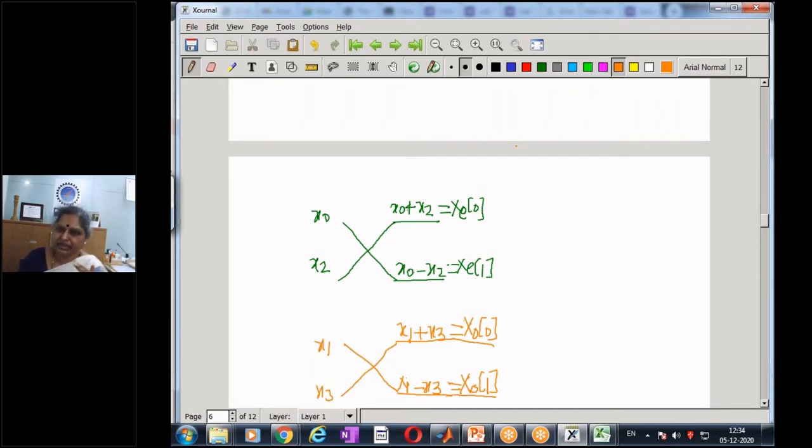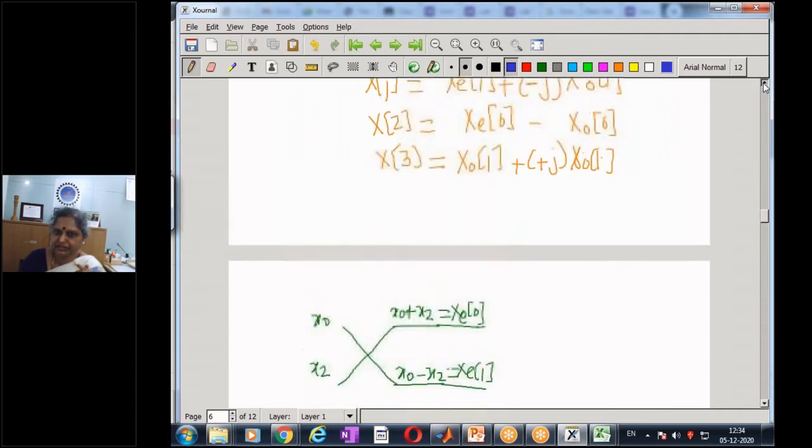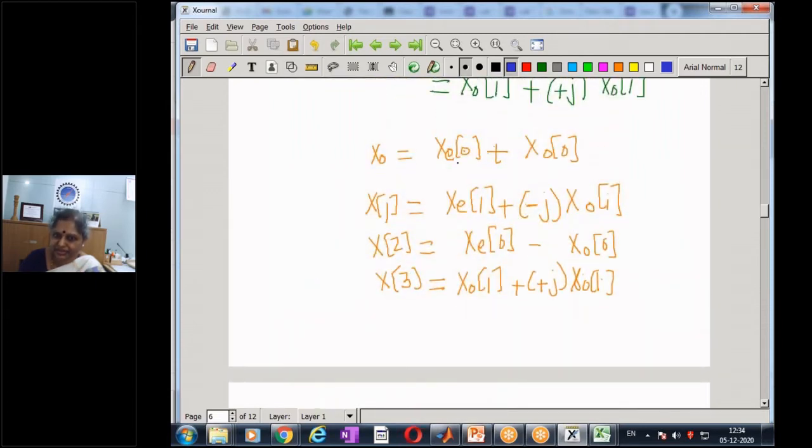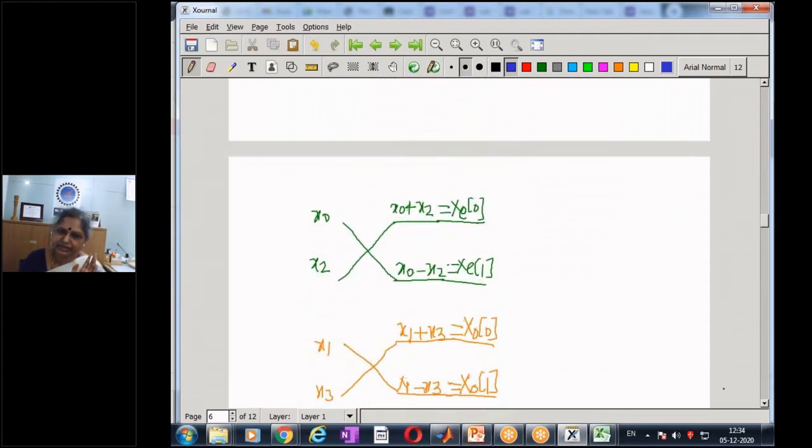Now I have the four terms, x even of 0 and 1, x odd of 0 and 1, and from this I need to get my 4-point DFT. So I look at my expression here. What's my x0? x0 is xe of 0 plus xo of 0, so I have to add them.